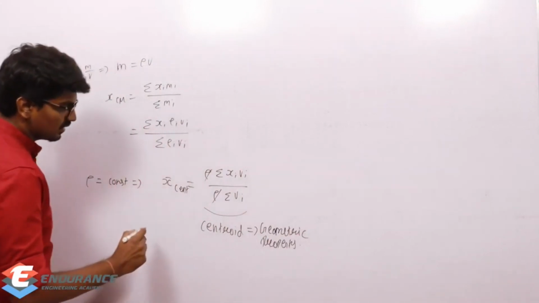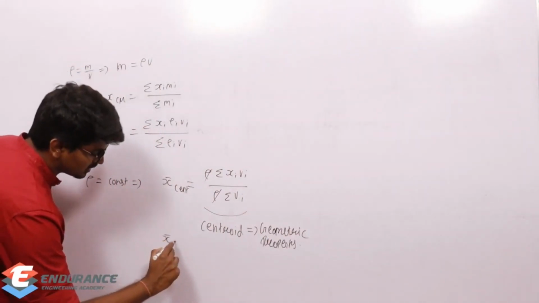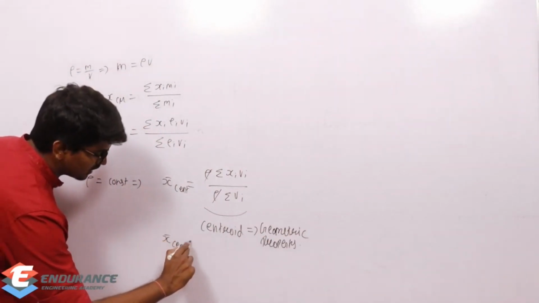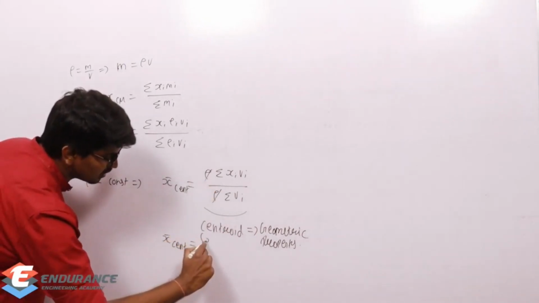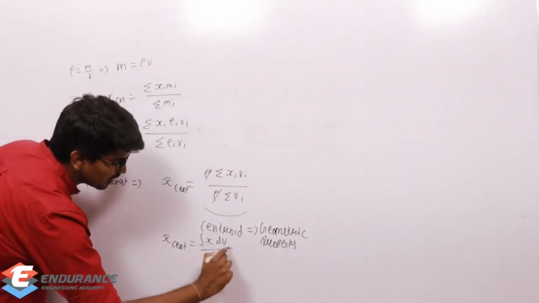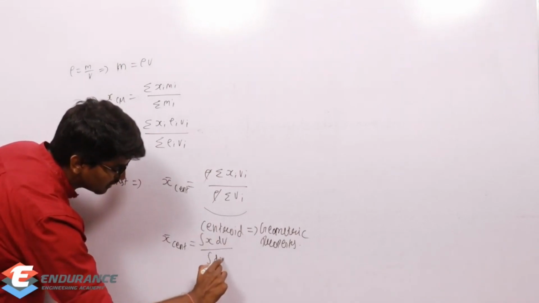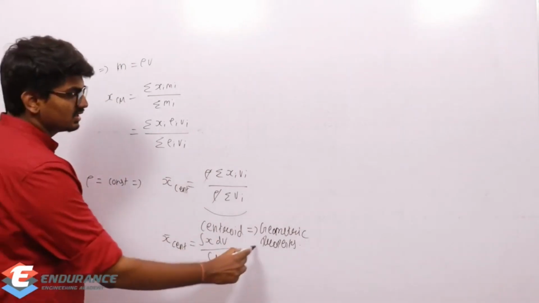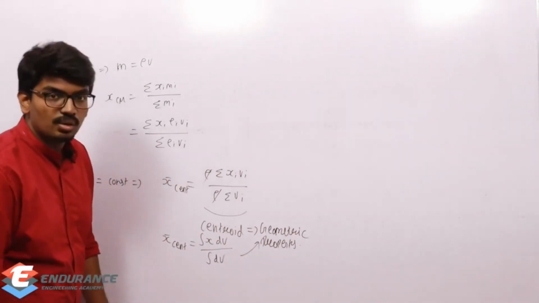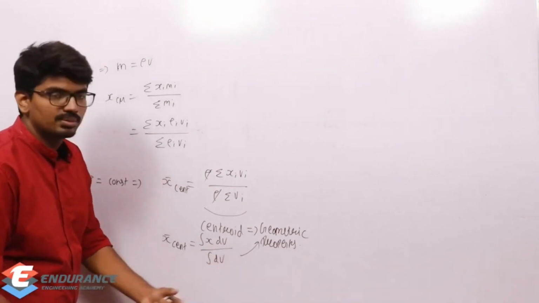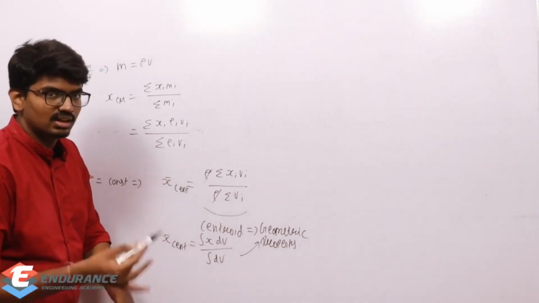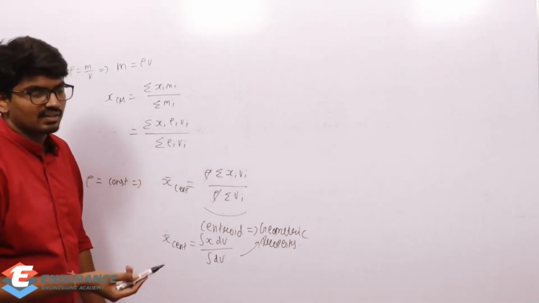Similarly, if I want to write it for a continuous system, it becomes integration of x into dv by integration of dv. So it is just a geometric property. It depends only on the volume. It does not depend on density. It does not depend on acceleration due to gravity also.